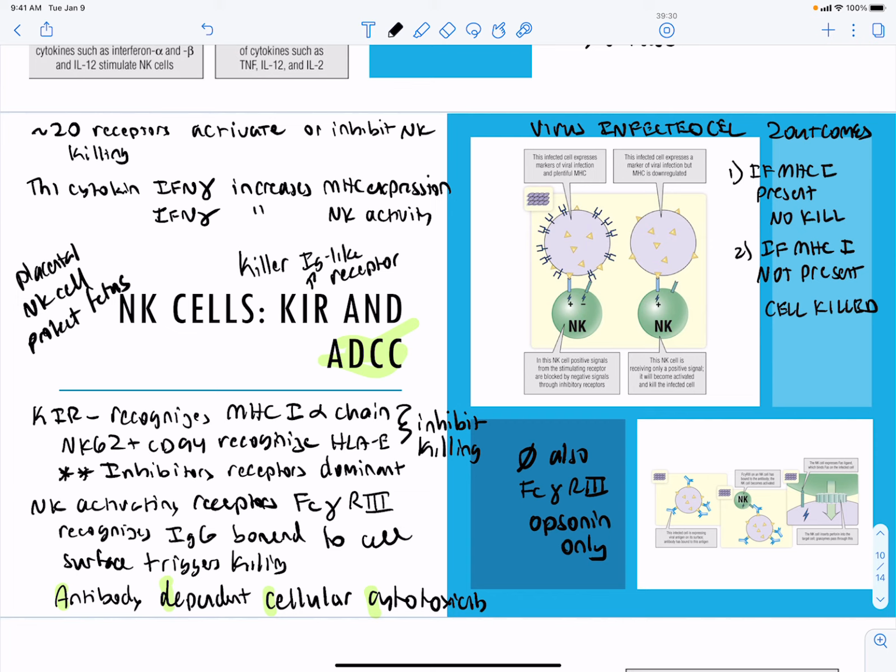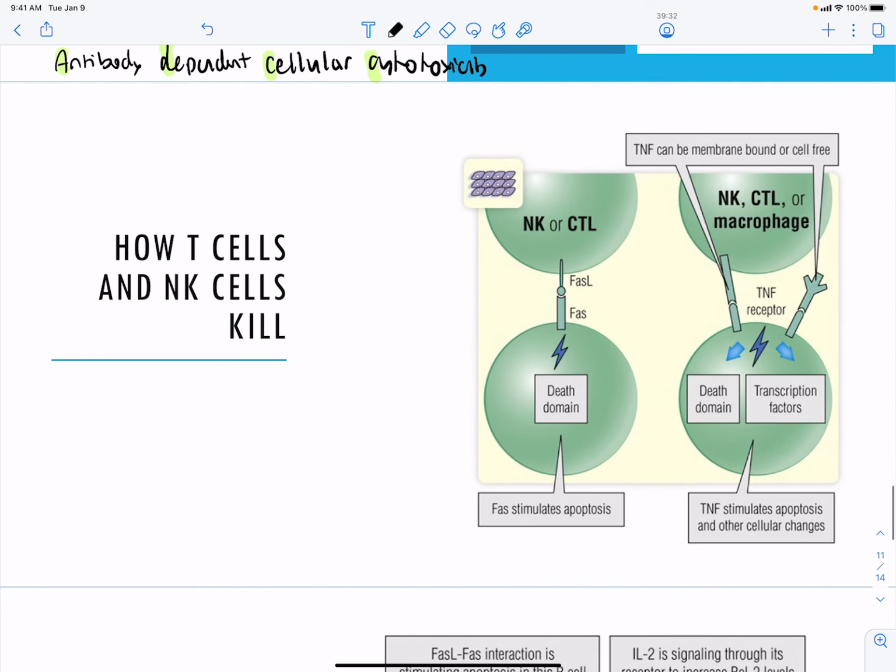Okay, so how do T cells and NK cells kill? Well, they both kill in the same way. They're both going to induce apoptosis. So that's straightforward. Programmed cell death.